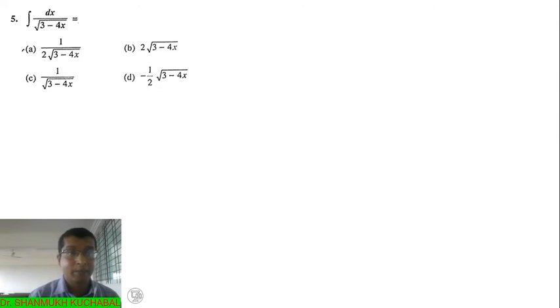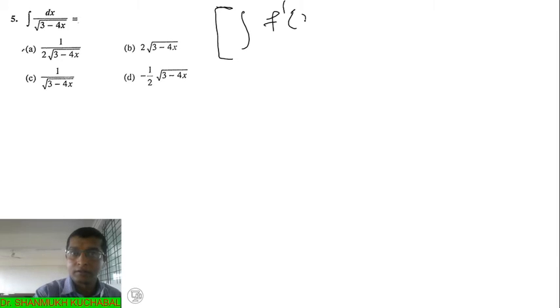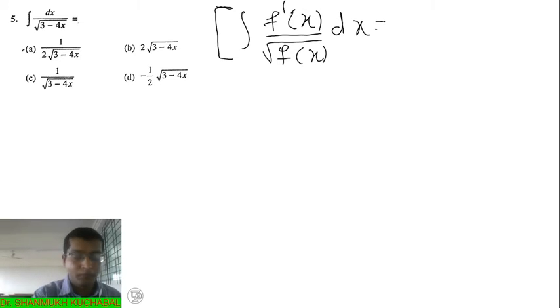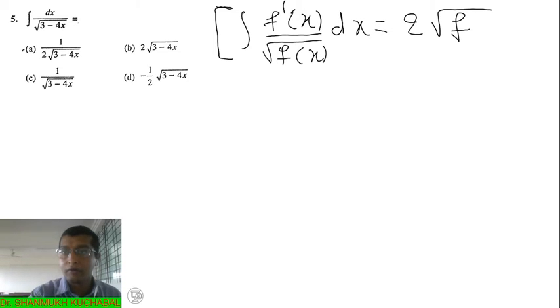Next example: integration dx divided by root of 3 minus 4x. See, we can adjust the derivative of the denominator in terms of the numerator. So for your understanding, once again I am writing this expression: integration of f dash of x divided by root of f of x dx equals 2 times root of f of x.